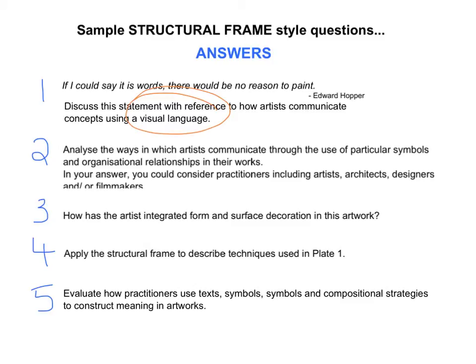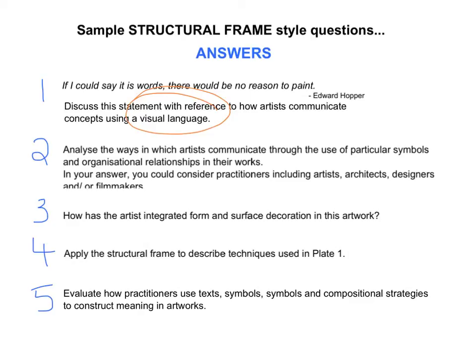Let's see if we've got a little harder one. Analyze the ways in which artists communicate through the use of particular symbols and organizational relationships in their work. In your answer, you could consider practitioners, including artists, architects, designers, and or filmmakers.